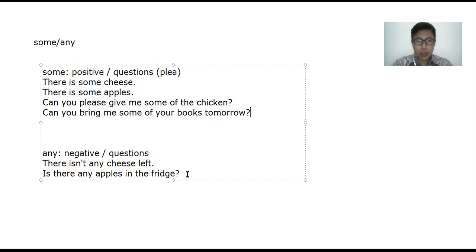Okay. These are the main points of some and any. And it's not that hard. Although sometimes it's confusing, it's not hard. Now, that is for some and any.